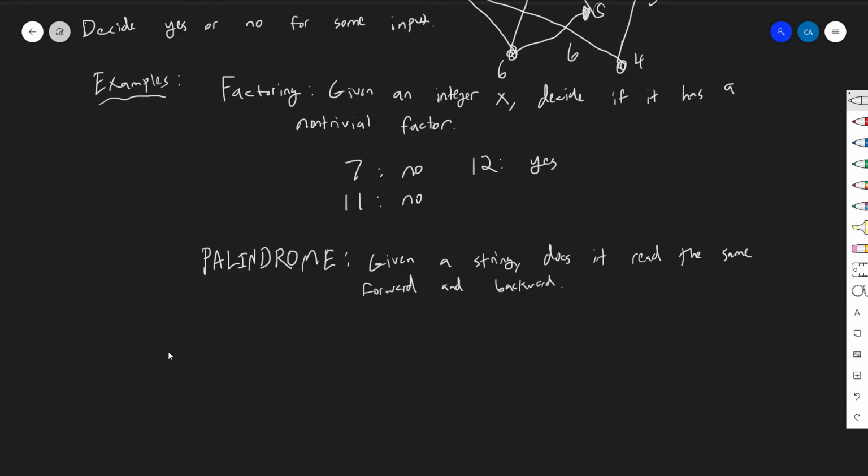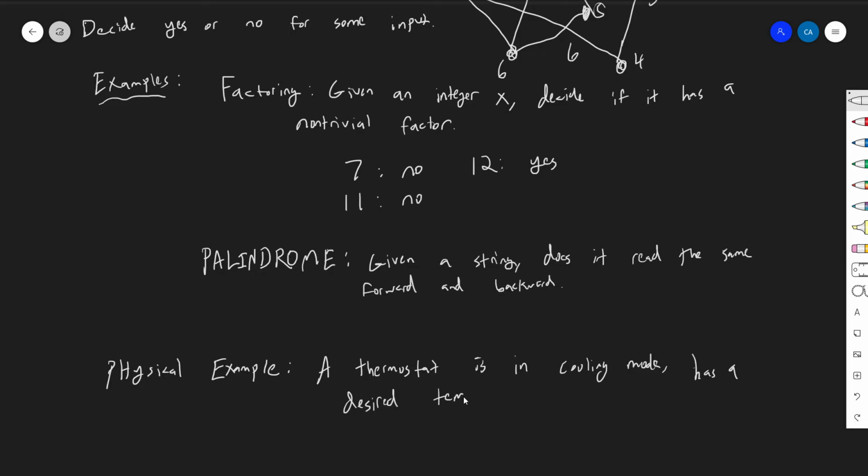But an example of a physical decision problem is a thermostat in cooling mode. It gets an input. It has a desired temperature, and it continually reads the temperature from the environment.